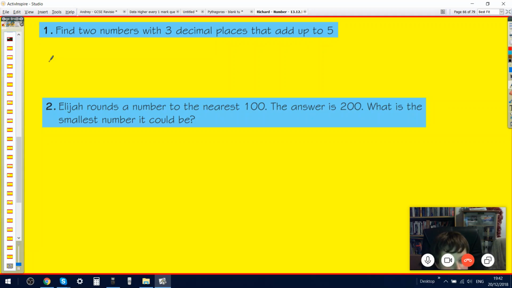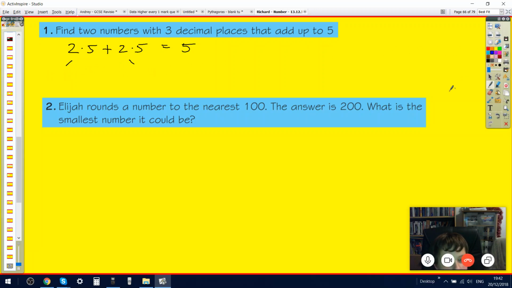I think a good strategy might be, so you said 2.5 plus 2.5 equals 5. Yes. Let's say that equals 5. Could you make this one slightly smaller and this one slightly bigger so that they do have 3 decimal places?